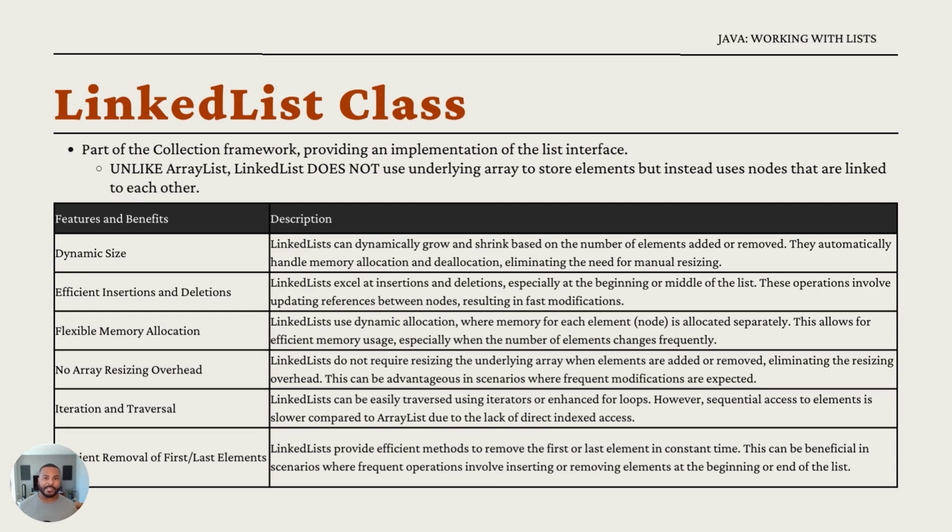Unlike array lists, where each element sits at the next array index, a linked list is literally links. And that's what made me remember this class: think of it as links. A chain has links, and we can insert a link or we could remove a link. A bracelet, for example.